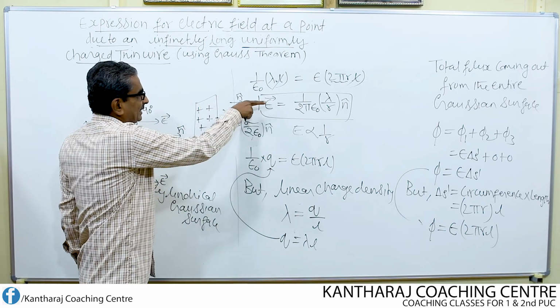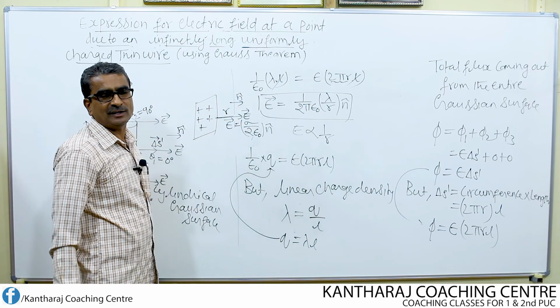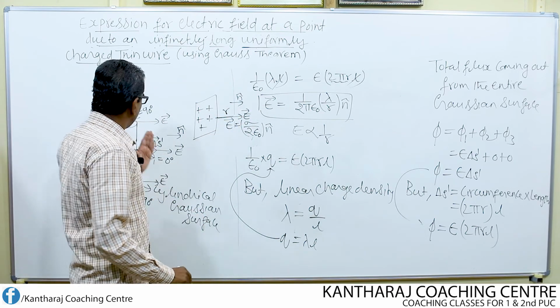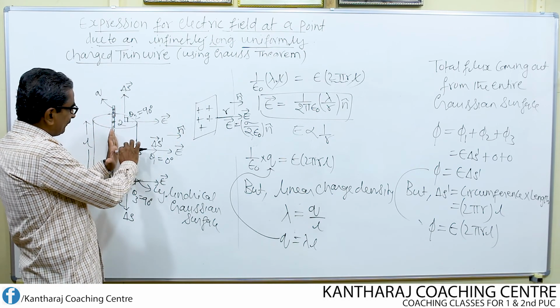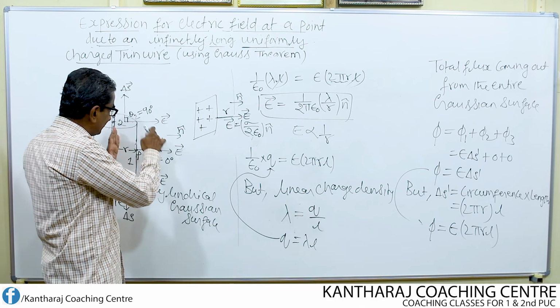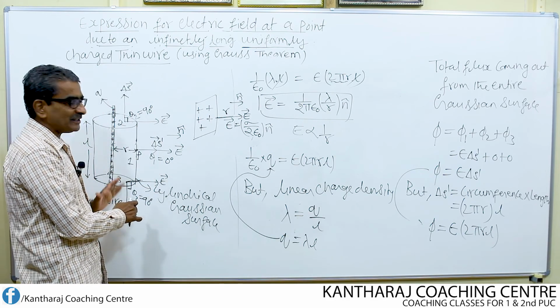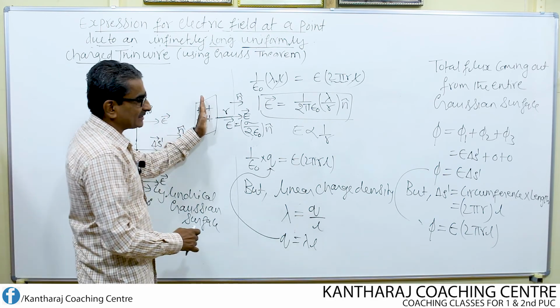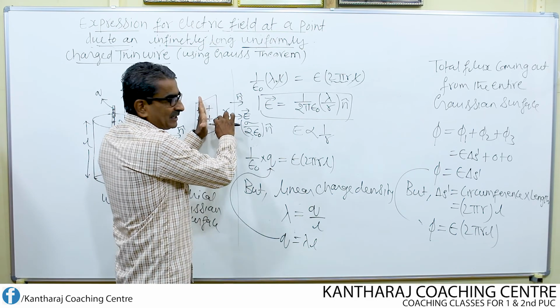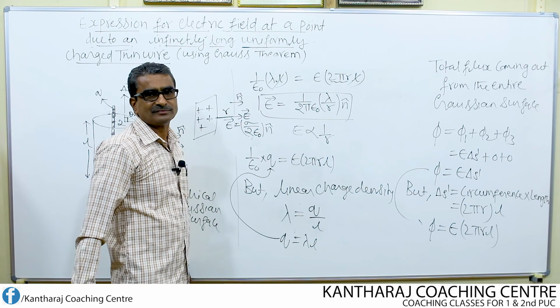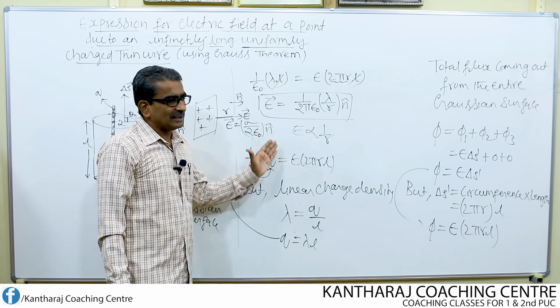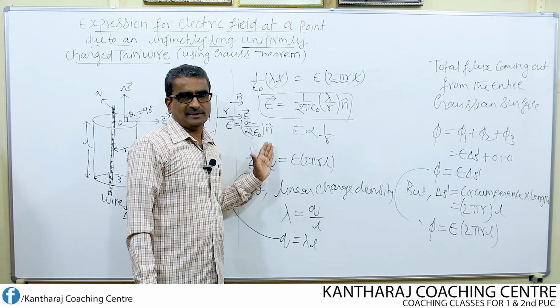The unit vector is along the direction of the electric field. So finally, in both cases, for the cylinder the direction of the electric field is perpendicular to the Gaussian surface, away from it. In the case of a charged sheet, the direction of the electric field is perpendicular to the sheet, away from it. So, that completes this chapter.